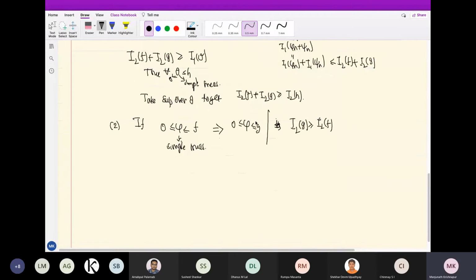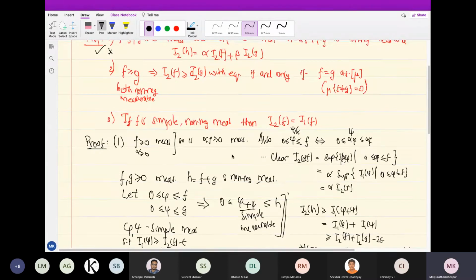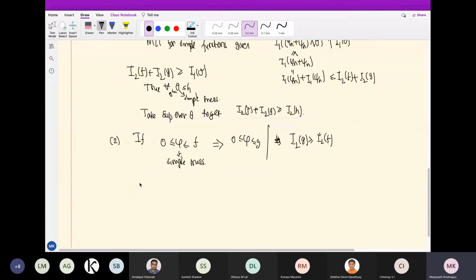Okay, let's see why equality holds if and only if this happens. Let's do it the other way. Suppose the set where g minus f is bigger than or equal to delta has positive measure.